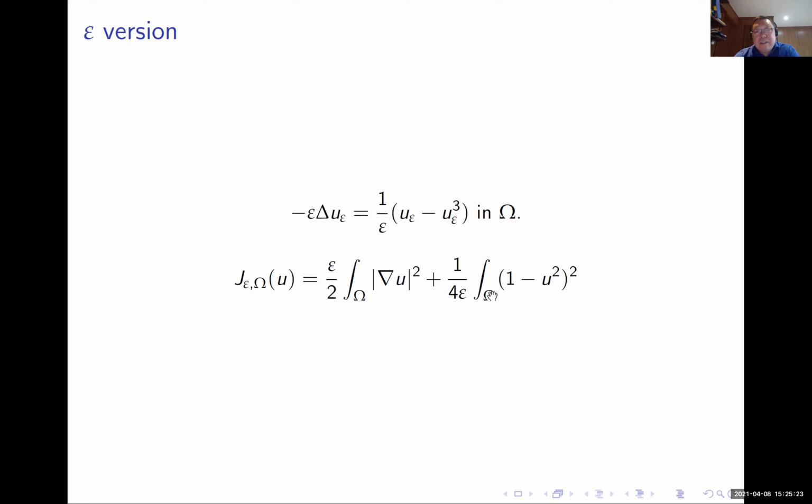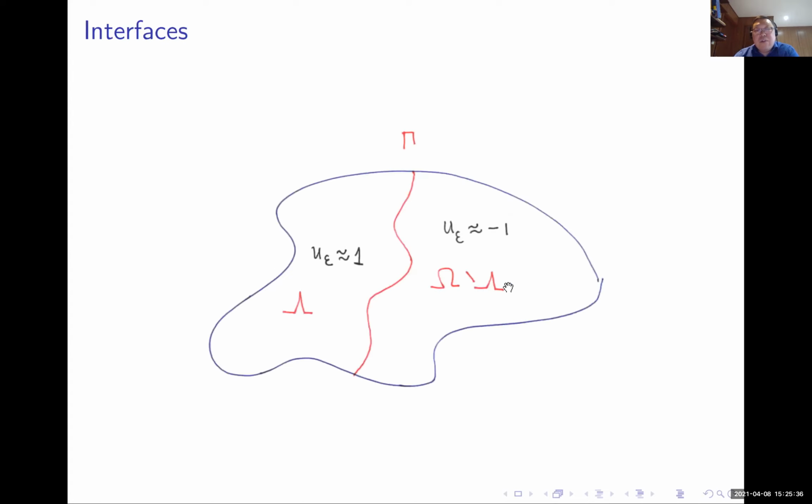In a bounded region, this is the energy functional. If you want to minimize it, then u must be close to -1 or +1. So inside the domain, part will be +1 and part will be -1, and in between you have some interface. This is the interface we want to discuss.